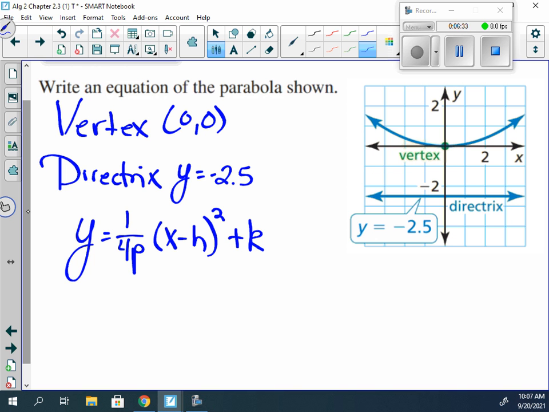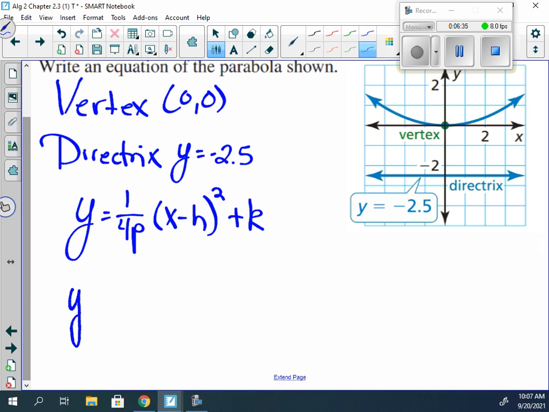So when we look at this here, if I want to write the equation 1 over 4 times p, well, what's the value of p? Do we know? It wasn't directly given to us, but we know it should be somewhere in the negative 2.5. Parentheses x minus, what's the value of h? 0, because that's our h.